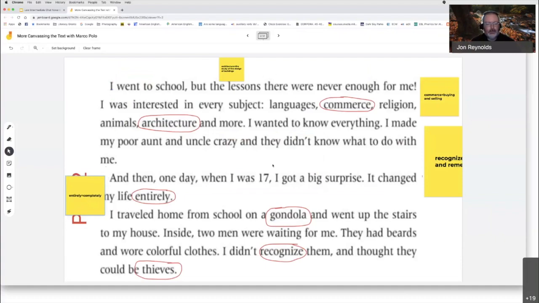It says, and then one day I got a surprise. It changed my life entirely. So before he was 17, his life was like this. But then after this date, what happens after this date? You think his life is going to be the same?